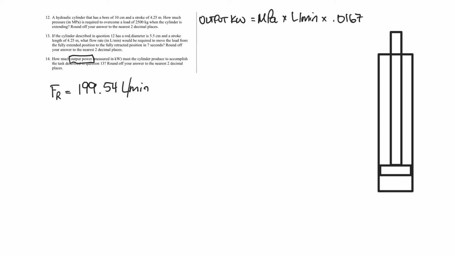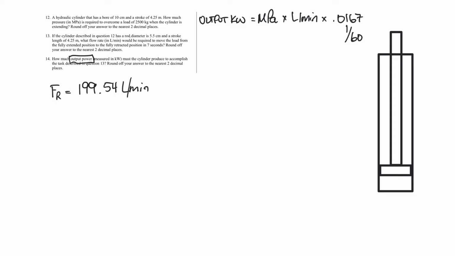And if you can't remember 0.0167, it's simply 1/60th. That's all it is. We're just converting the liters per minute into liters per second by multiplying them by 1/60th. That's all we're doing. Not that complicated. But anyway, that's what we're doing in the end there.